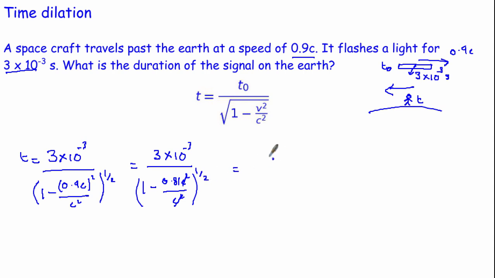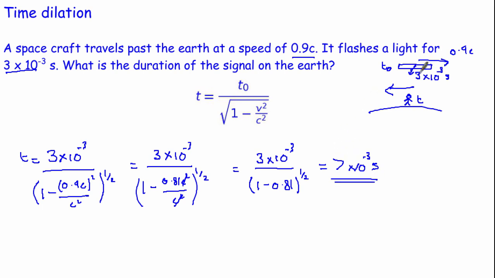So if I simplify that a little bit more, I get 3 times 10 to the power of minus 3 over 1 minus 0.81 to the power of a half, or square rooted. And if I do that on my calculator, I get 7 times 10 to the minus 3 seconds, like that.